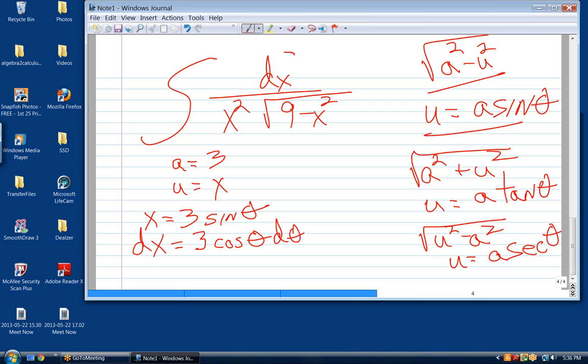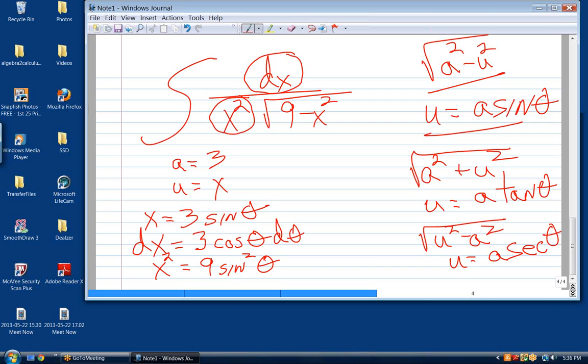So we've solved for that, and that's what we're going to substitute for dx. What about x squared? Next thing we want to substitute for is that. If x is equal to 3 sine theta, x squared is equal to 9 sine squared theta.